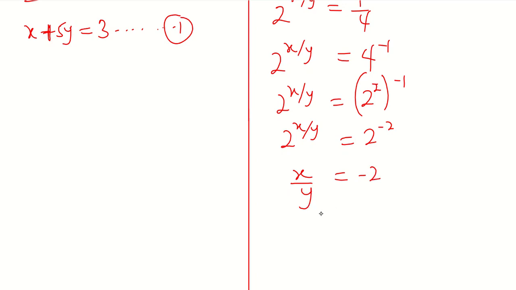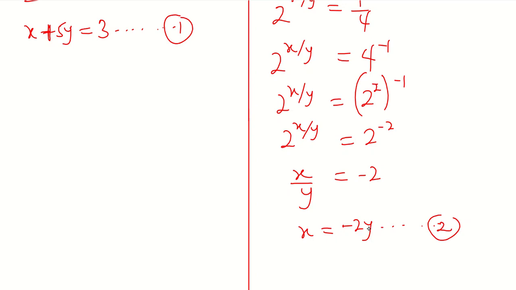Now, we can cross multiply, and hence we have x to be equal to minus 2 multiplied by y. So this becomes the value of x. So before we can get x, you have to multiply negative 2 times y.